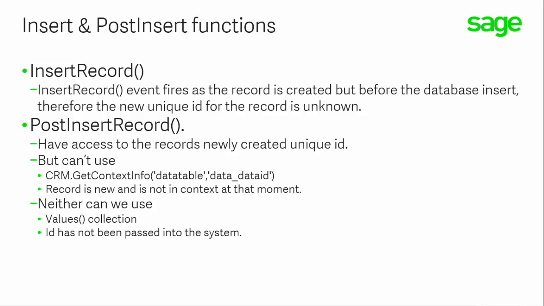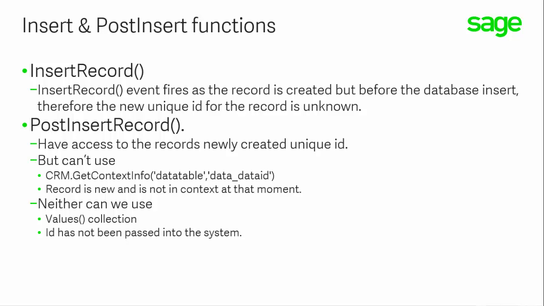PostInsertRecord is an interesting challenge to us, because if you have a script that runs just after the record has been inserted, one of the things we don't have access to is the newly created ID. You might think that you could use crm.getContextInfo, but because the record is new and it's not in context at the moment of insertion, we don't actually have the getContextInfo.